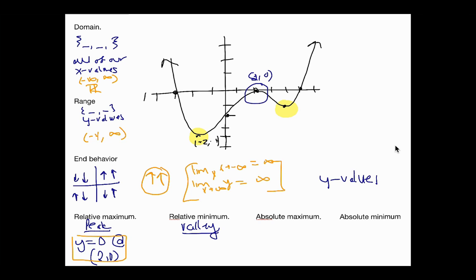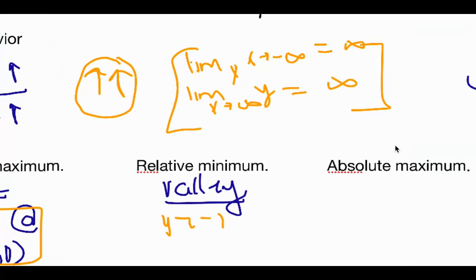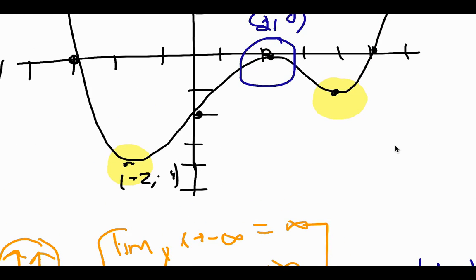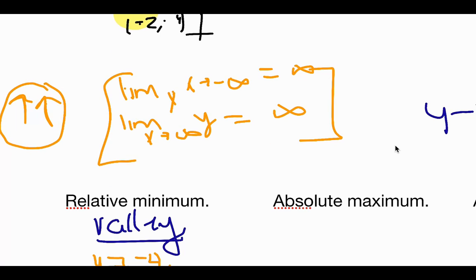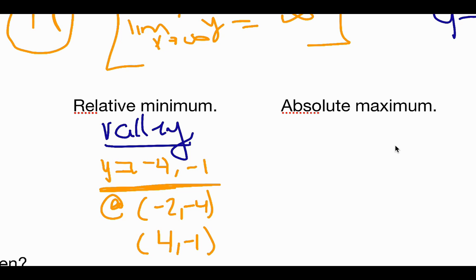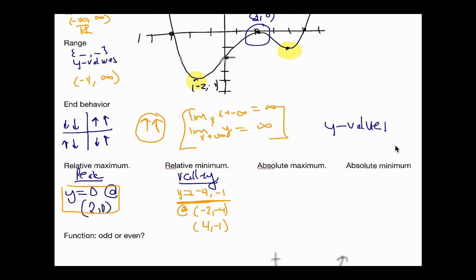So here I have one at y equals -4, and also at -1. And those are occurring at, and I'm going to just list the coordinates, -2, -4, and at 4, -1. So technically the minimum is the minimum y value, but it occurs at a point.